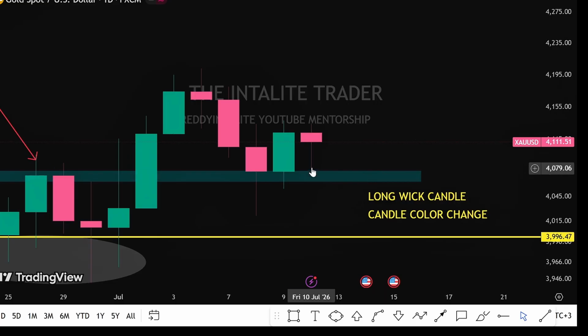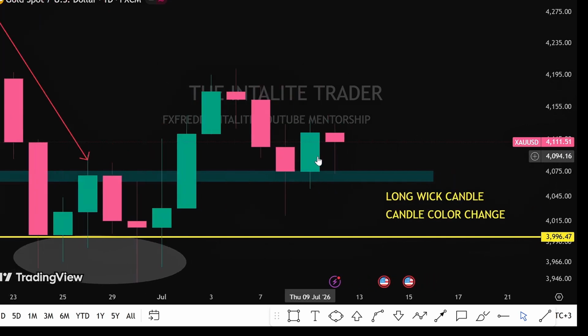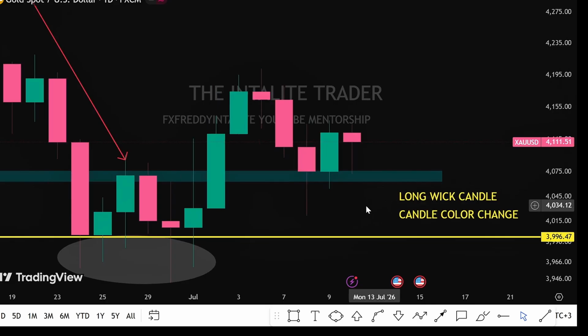We can also say this candle also tried to push lower, but it got rejected. So this can qualify to be a candle combo because we have 2 candlestick patterns taking place at the same level. This can also be said to be multiple long wick candles because we have rejection 1 here.